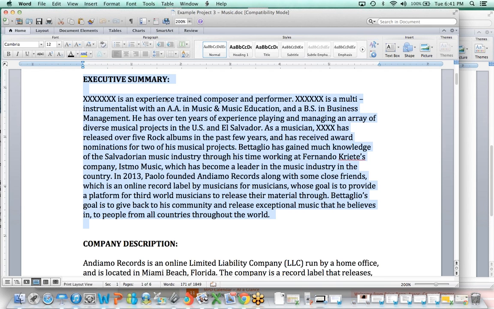What I mean by that is, let's just say that Martina is doing this. For the executive summary, instead of her saying "I am an experienced trained composer," you want to get rid of the first person.